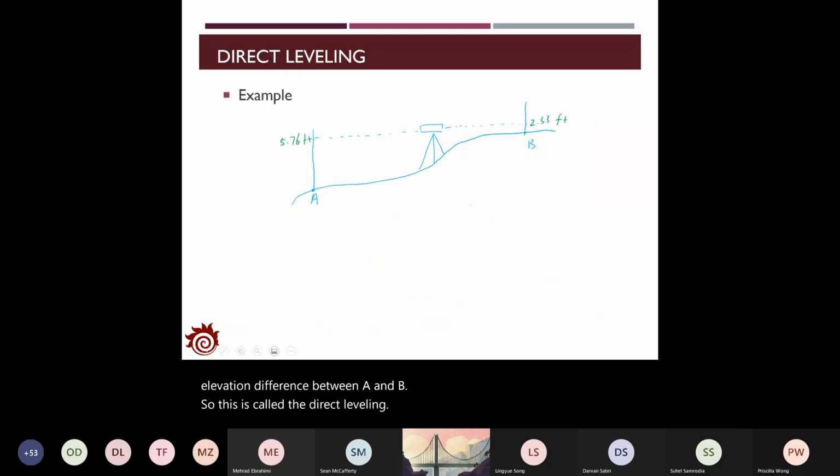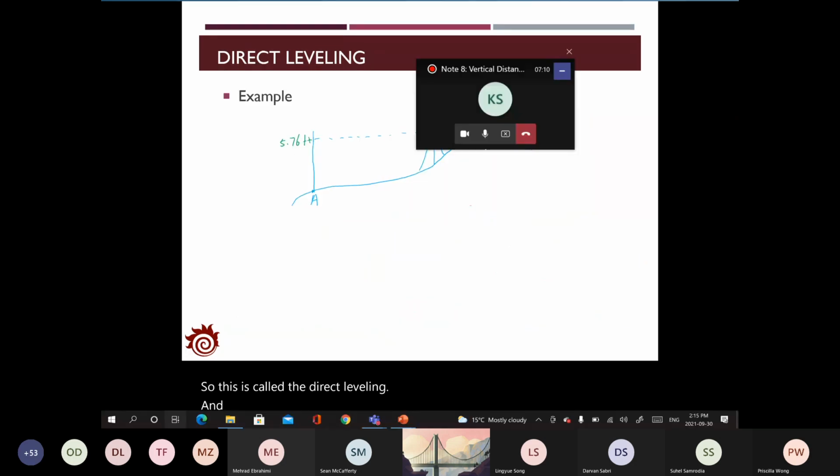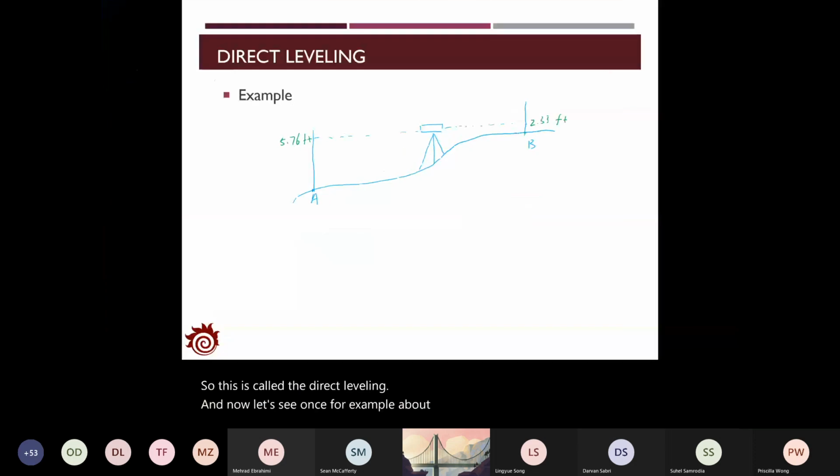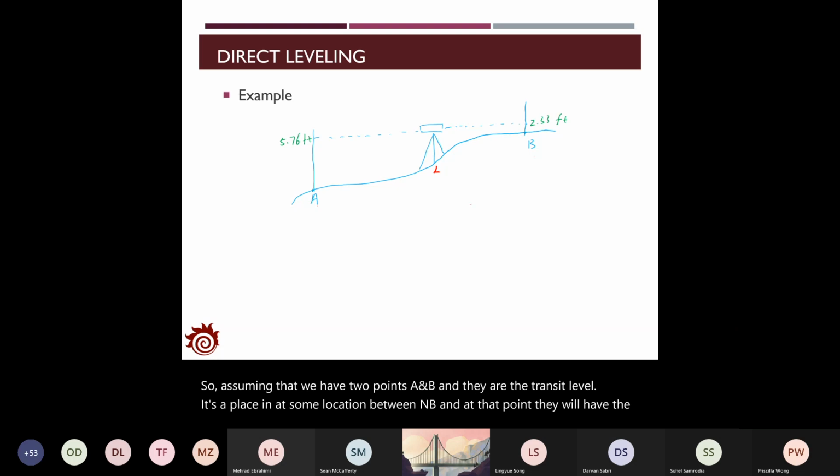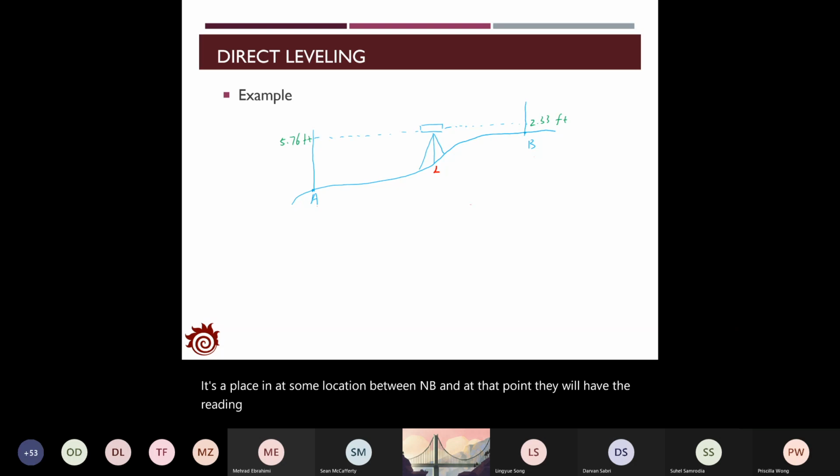And now let's see one example about the direct leveling. So assuming that we have two points, A and B, and the transit level is placed at some location between A and B. And at point A, we have the reading as 5.76 feet, and at point B, it's 2.33 feet.